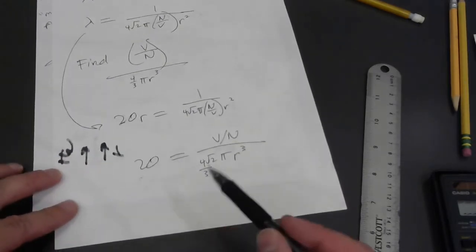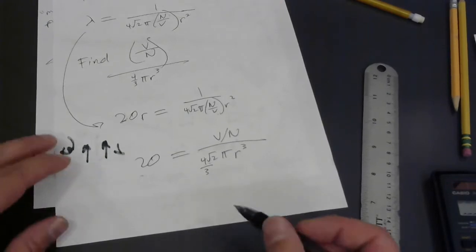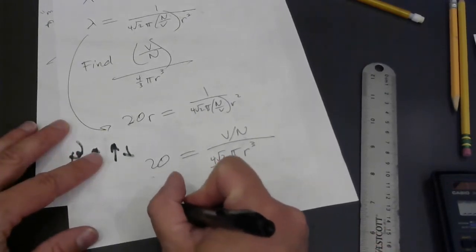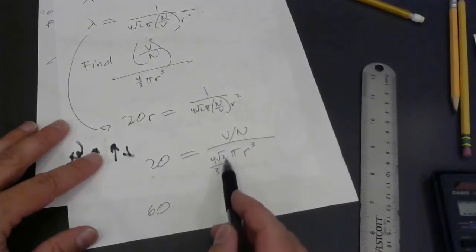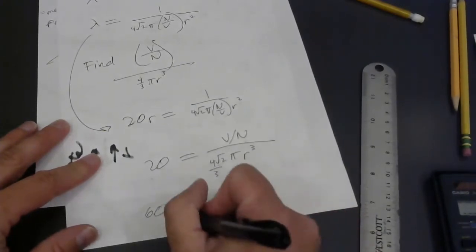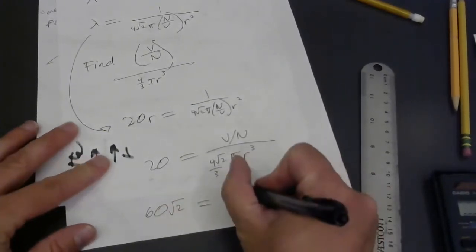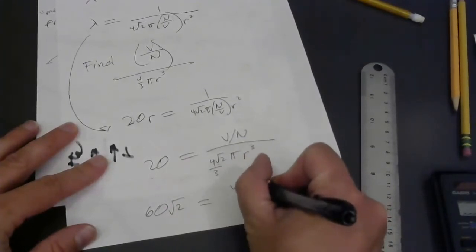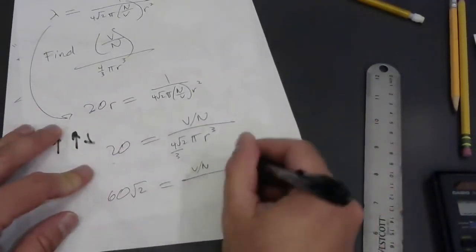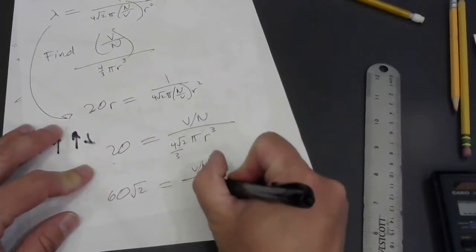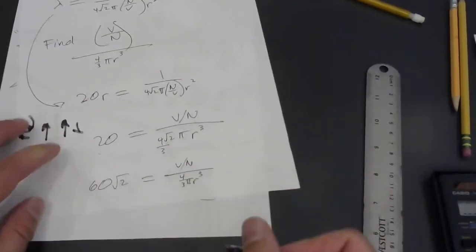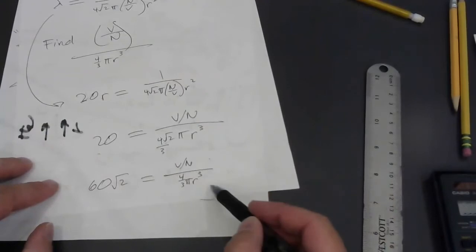I need to also multiply the left side by 3 if this is going to be legit. So that here I've got 60 now, and I'll go ahead and take the root 2, stick it over there. This is 60 rad 2, and that's got to be volume per particle compared to the volume of the particle. That's the ratio that we wanted.